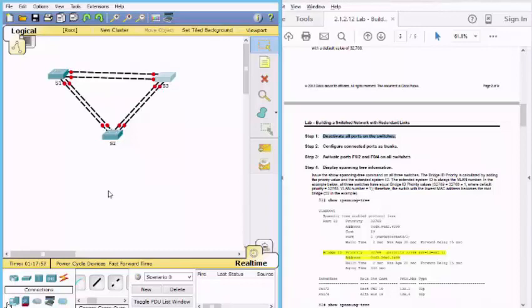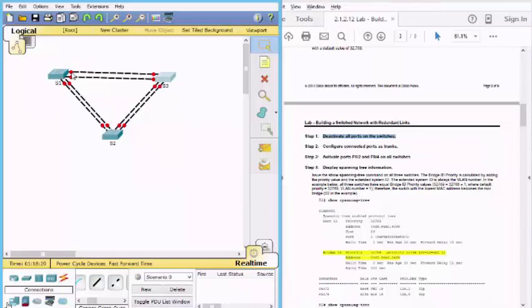The other type is the access port, which is only connected to the end device. But when it's switch to switch, and they are going to be carrying VLAN tags for all the devices, there has to be a trunk port.